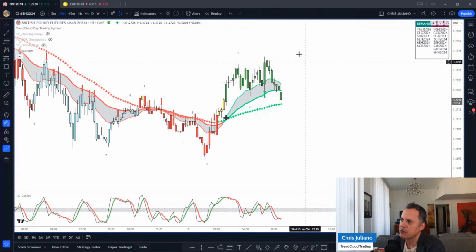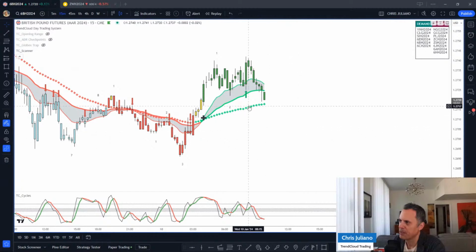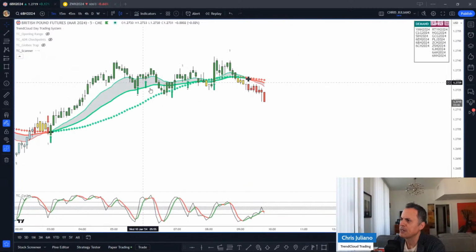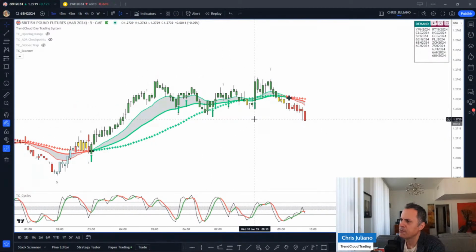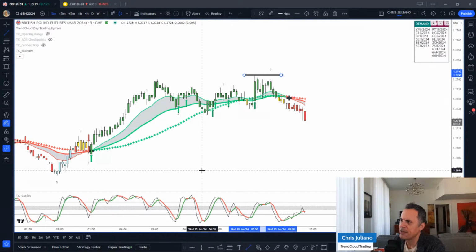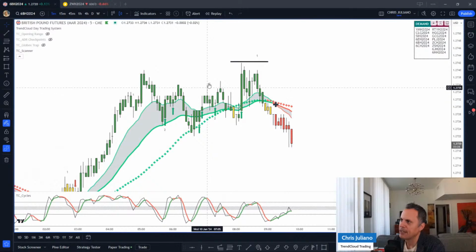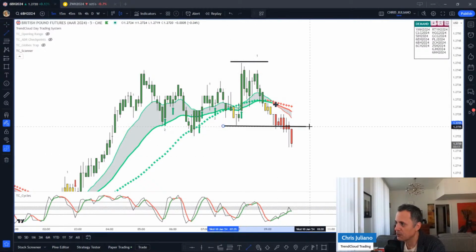Now, take a look also what happened here. Let's go over to the 5-minute. This is the 5-minute candle that I was looking at right here. Look at how the entry is right there, but this was a really long candle, right? If I took the actual trend cloud signal, it would not have gotten me in the trade, because, look how wide.